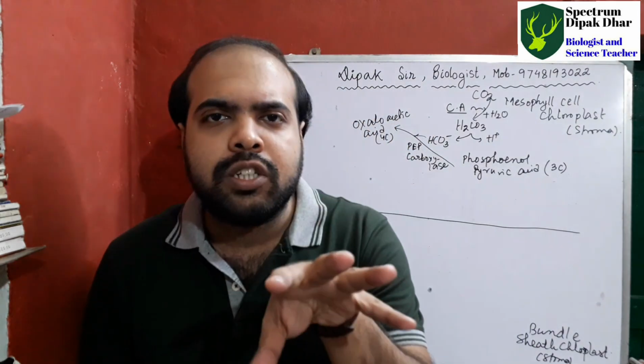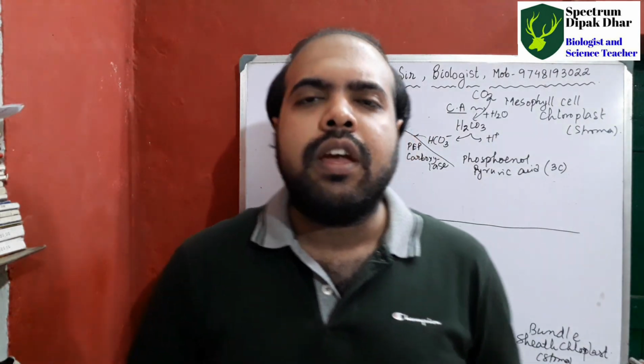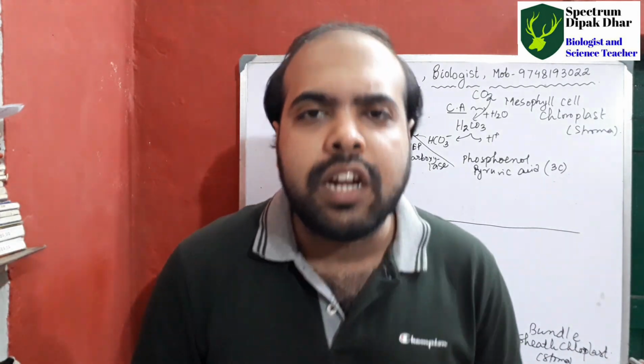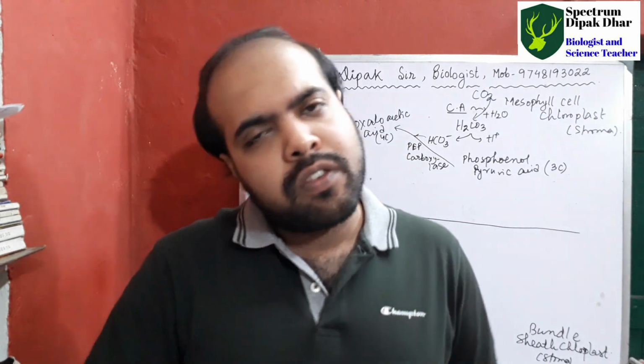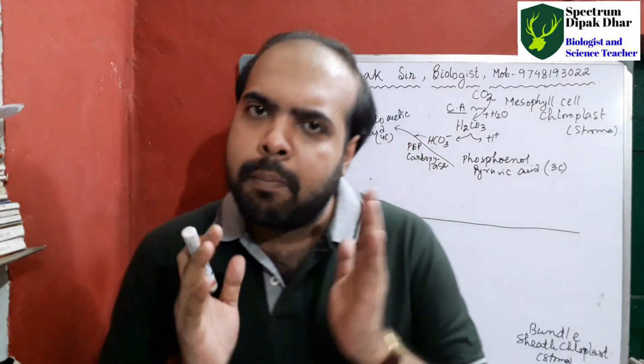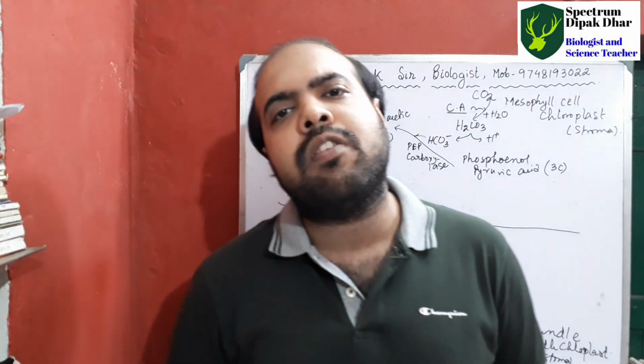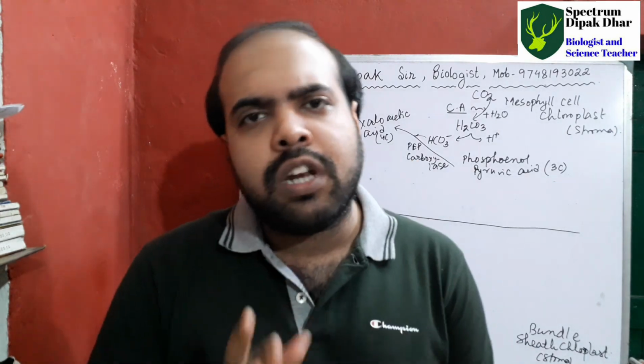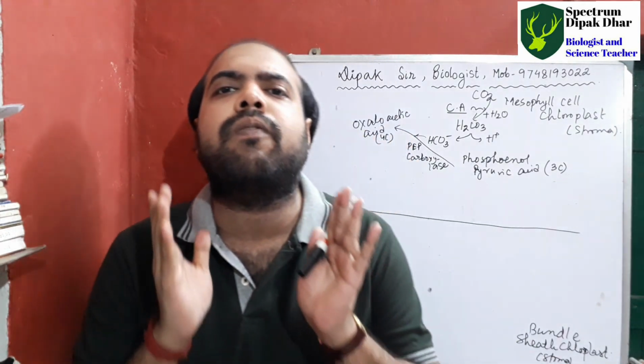In case of light dependent phase, what we have seen? We have seen the production of the ATP, NADPH and oxygen. Oxygen is liberated from the stomata, but what remains in the plant is basically the ATP and the NADPH, nicotinamide adenine dinucleotide phosphate hydrogen.